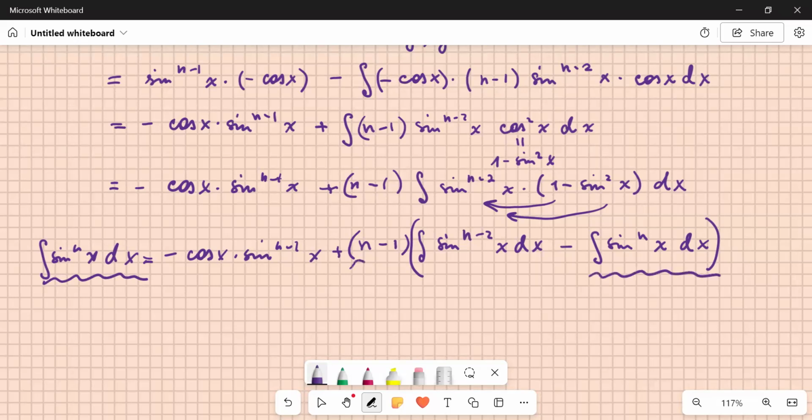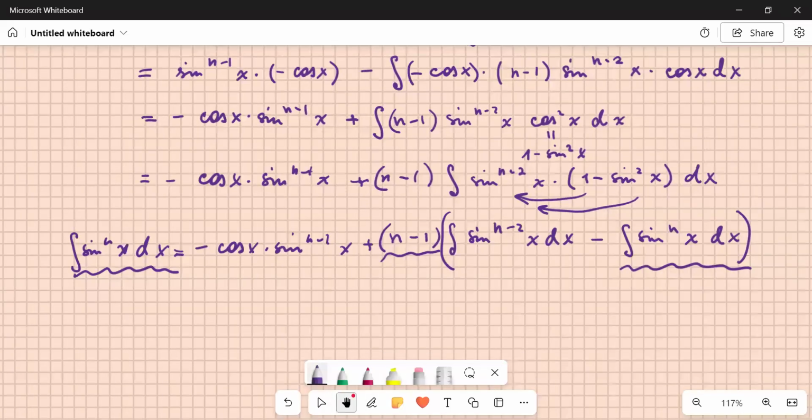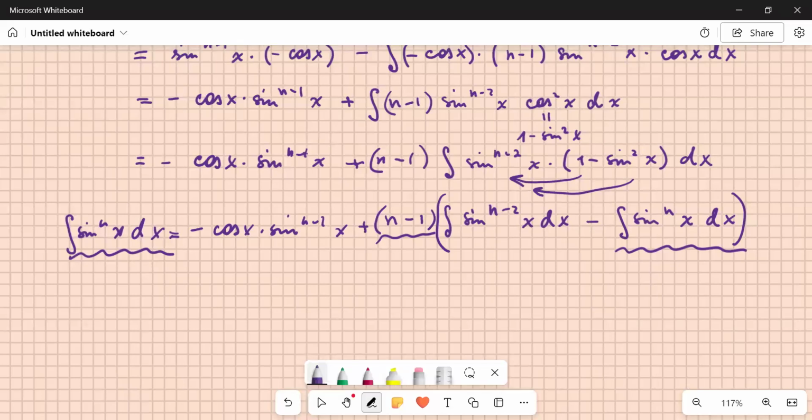Just over here, it's multiplied by n minus 1. So we can combine these two because they're the same integral, right? And that's what we're going to do. So I have one here, and then I'm going to add n minus 1 here. So how many of them am I going to have?